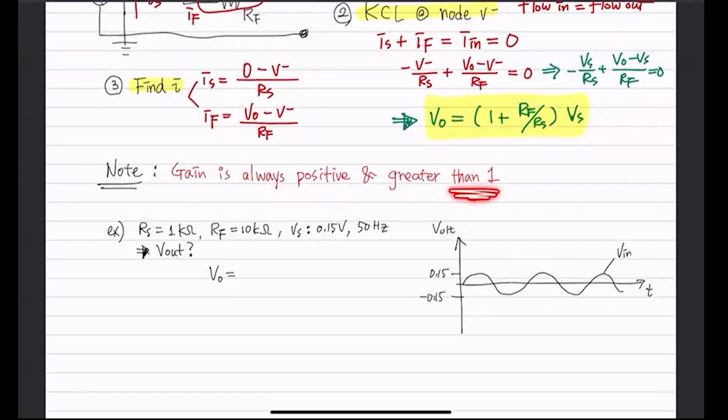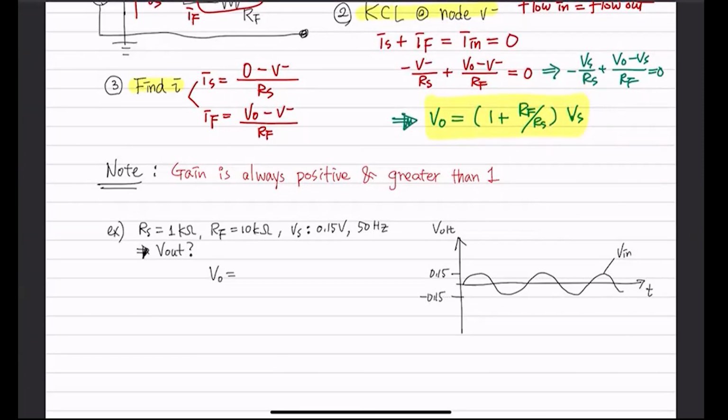So that means, can we shrink down the input and have a small signal coming out at the output? No, because the ratio you multiply by is always greater than 1, right? In order to make this smaller, you need to multiply by 0.5 or 0.1 or something like that. But it's impossible to make a value that is less than 1.